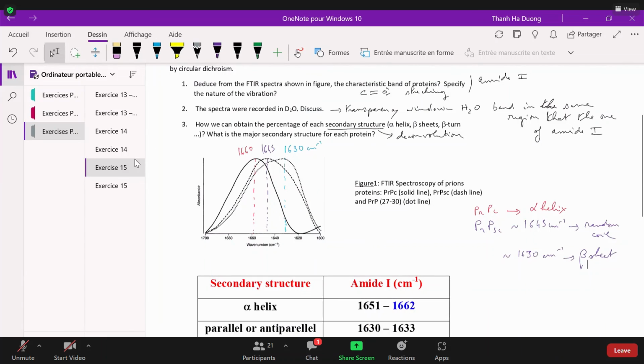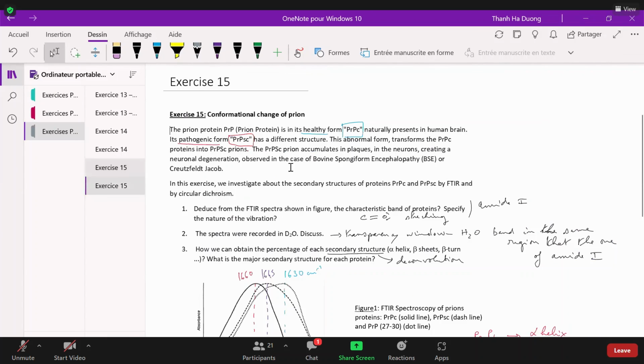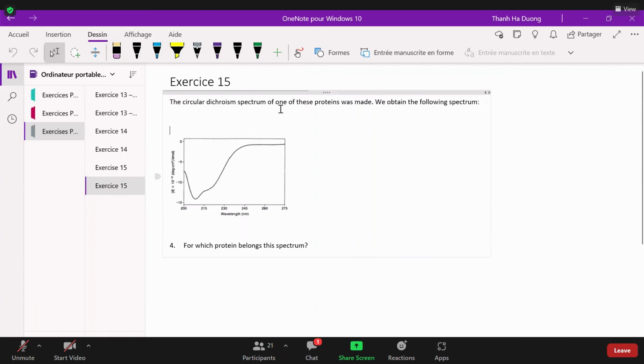Okay, and then if you see the CD spectra, you have two minima, one, two. So it corresponds to the alpha helix.